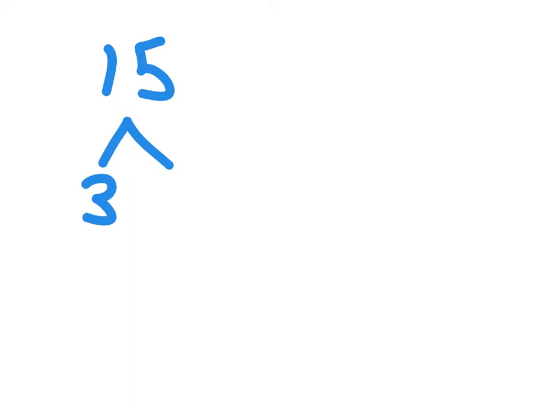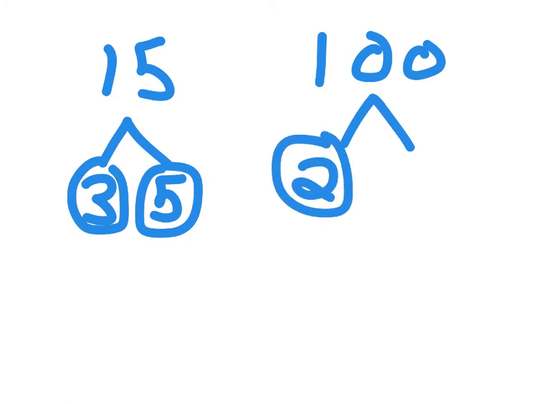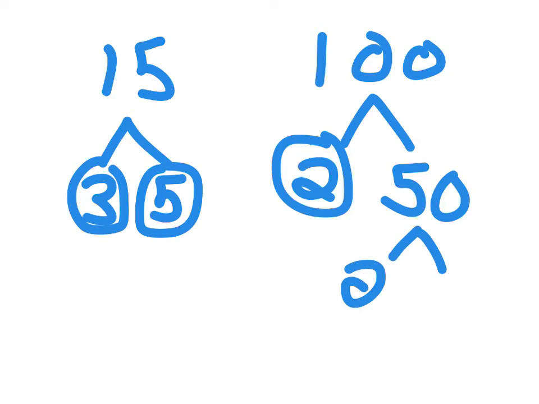All right, so we have 15, and 15 is fairly simple. It's 3 and 5. Those are prime numbers, 3 and 5. And 100, I'm just going to do 2 and 50. And that'll be 2, 25.